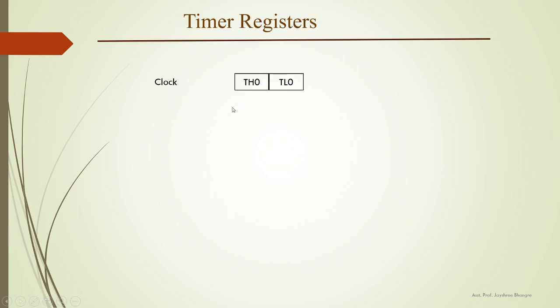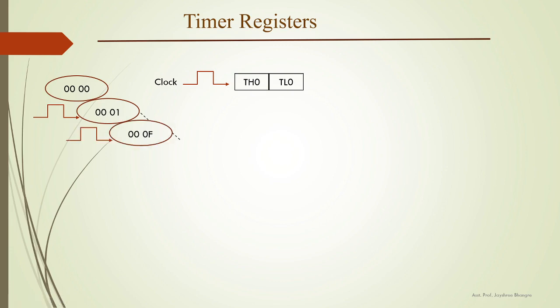So let's see how the timer will count. Suppose this is timer 0, this is the lower 8 bits of timer 0 and this is the upper 8 bits of timer 0. If this is the initial state of the timer, that is 0000, and if we apply the first clock pulse, then it will start counting as 0001.